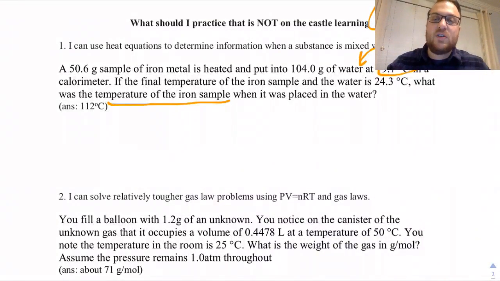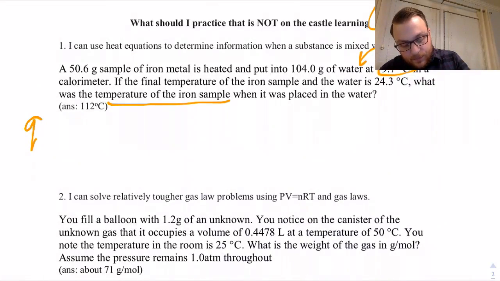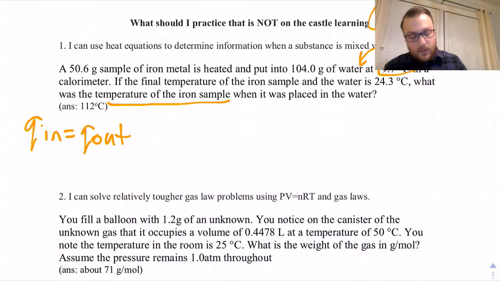We haven't actually really done an initial temperature problem. But this isn't too bad. The heat in will always equal the heat out. So since the water is increasing in heat, the heat leaving the iron is the same as the heat gained by the water.